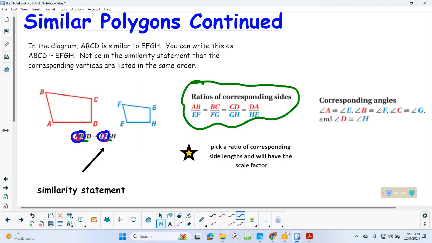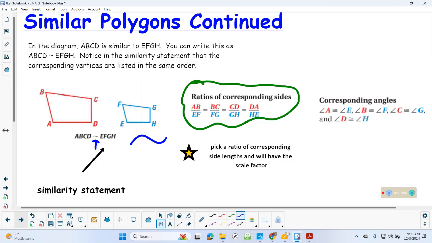The other thing, and this is super, super tiny, and I kind of made a mess here writing on all of this. Notice your symbol in between those, this guy. You don't have a congruency symbol. It is just a squiggle. There's a big one of it. That means they're similar. That means the angles are congruent, but the sides are proportional. So you're going to see that little similarity symbol today.